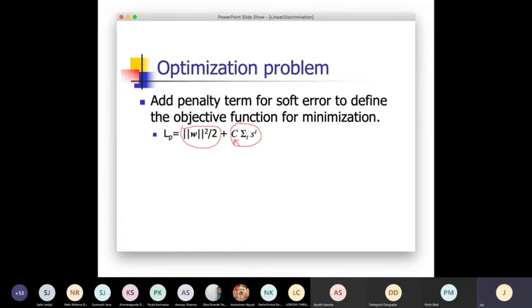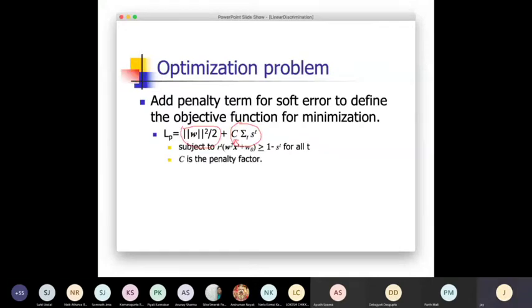It is taken as a constant for your problem, and this has to be a positive constant. Depending upon the value of this C, you are trying to emphasize the contribution of this term. The amount of tolerance that you are going to give also depends upon this particular parameter.